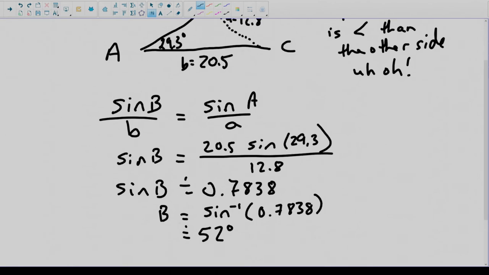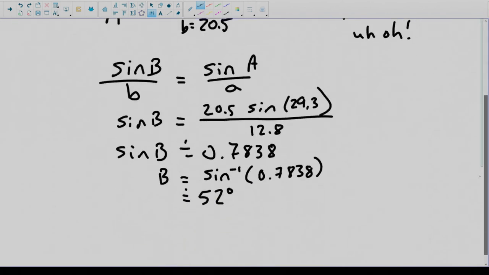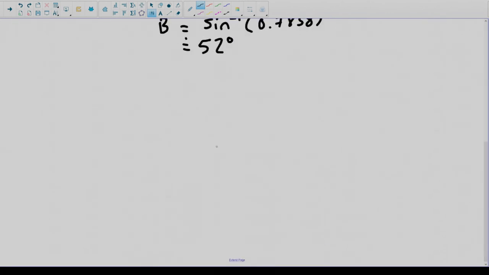Okay, now here's where the work actually starts. We now need to go in 2 different directions. If B is equal to 52 degrees, let's solve the triangle.